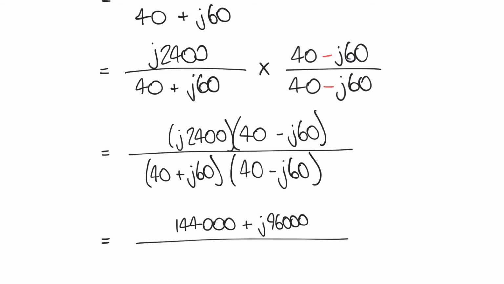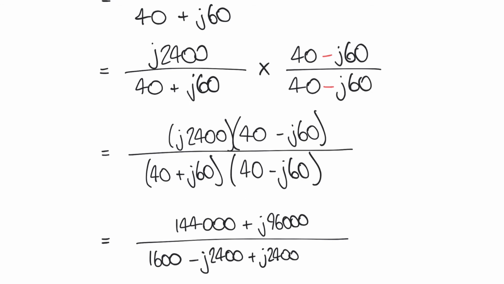On the bottom, using again that FOIL acronym, the first terms, 40 times 40, give us 1,600. The outside terms, 40 times minus j60, give us minus j2,400. The inside terms give us plus j2,400.